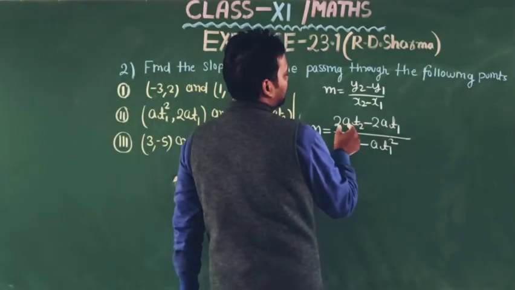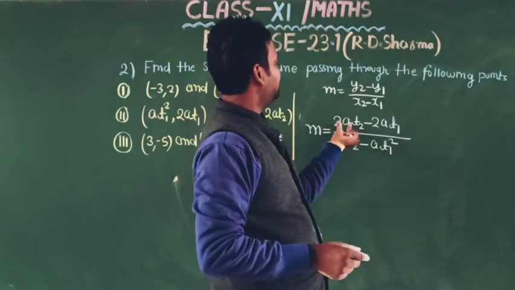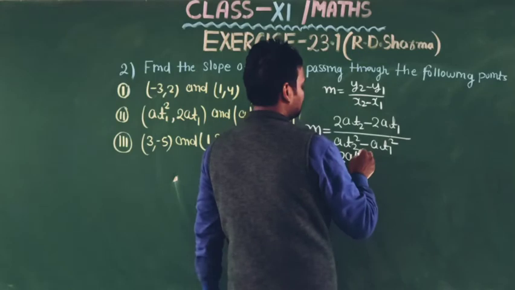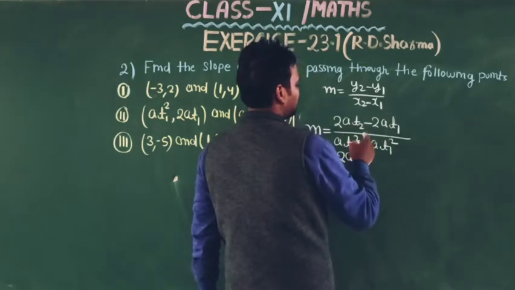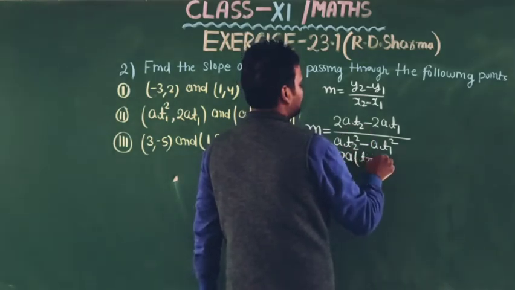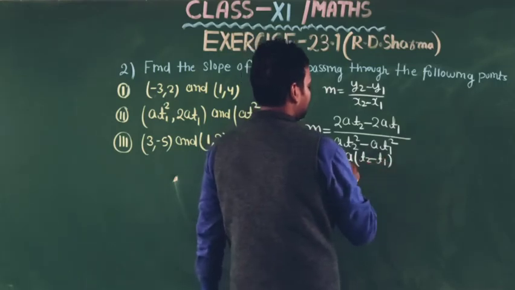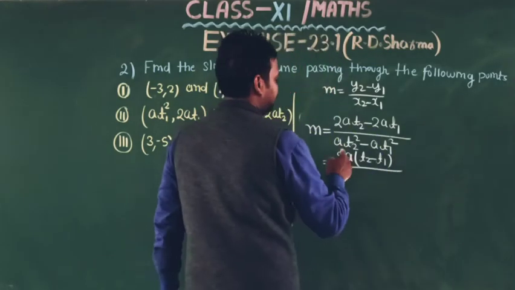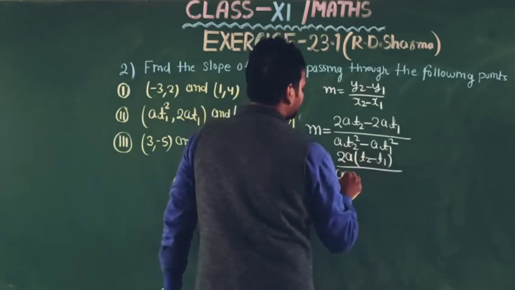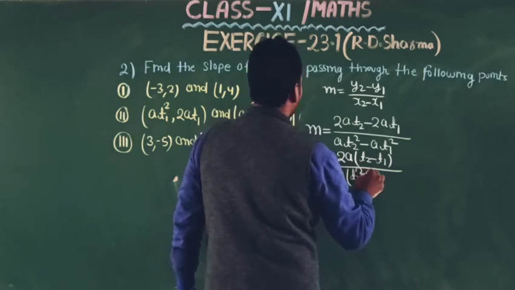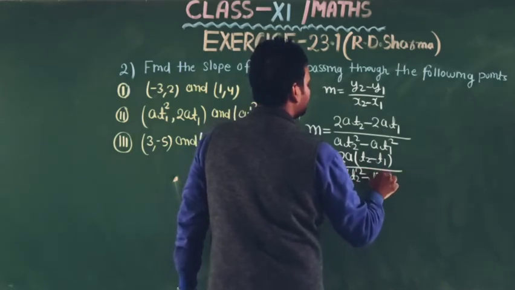Look at the numerator, we have 2a as common, so remaining would be 2a into (t2 minus t1). In the denominator also a is common, and remaining would be t2 square minus t1 square.